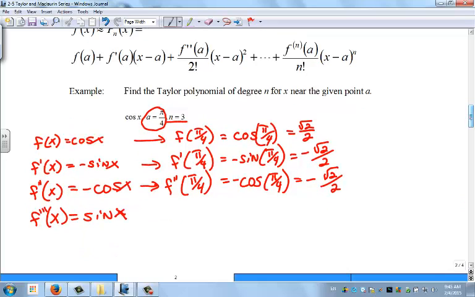I see something going on here. And then finally, f triple prime of pi over 4 is equal to sine of pi over 4, which is equal to radical 2 over 2.